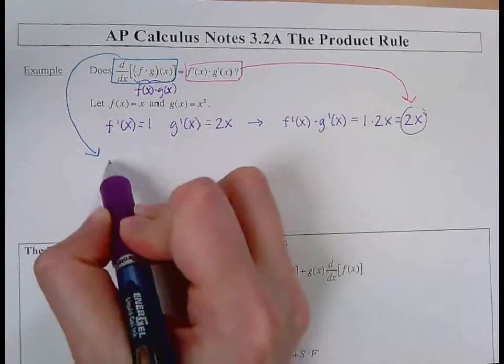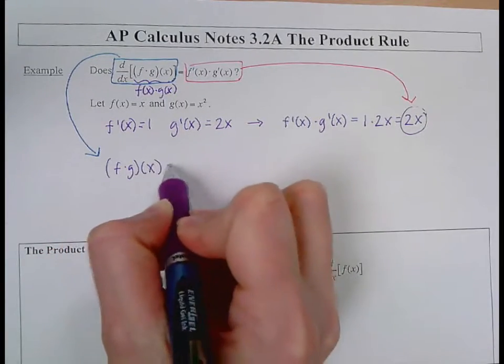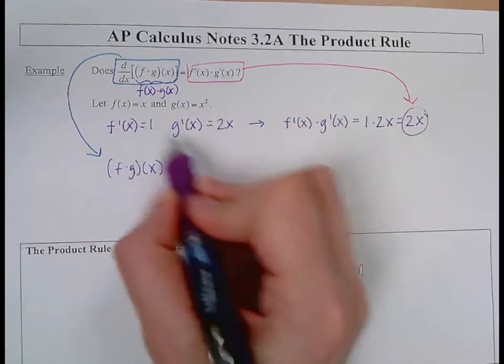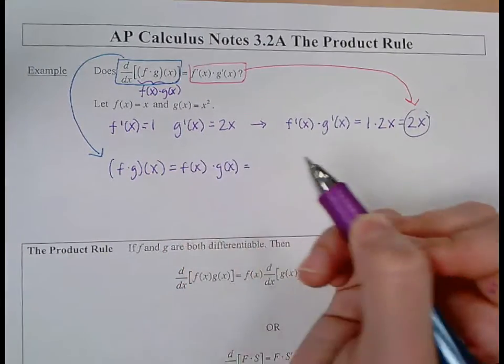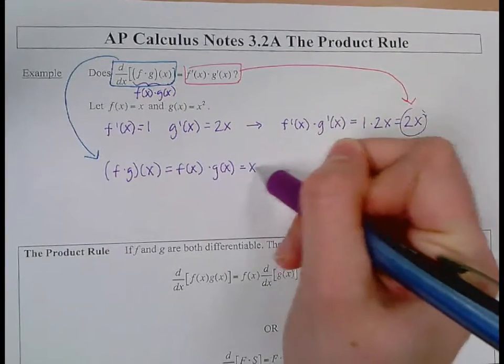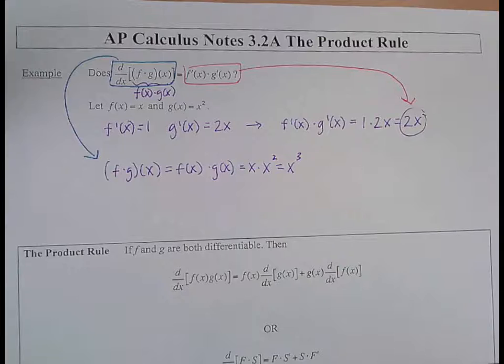So if I find the function f times g, that's taking my f of x times g of x. That would be x times x squared, which is x cubed. So that's the function f times g.